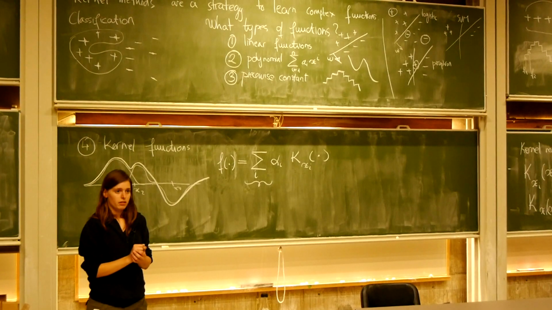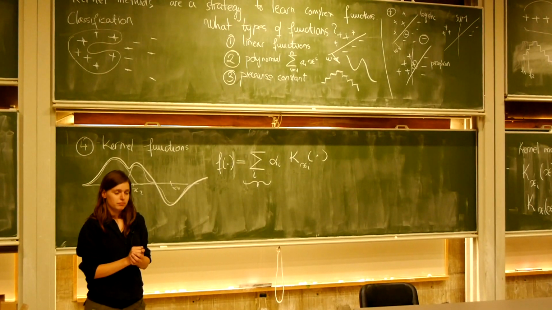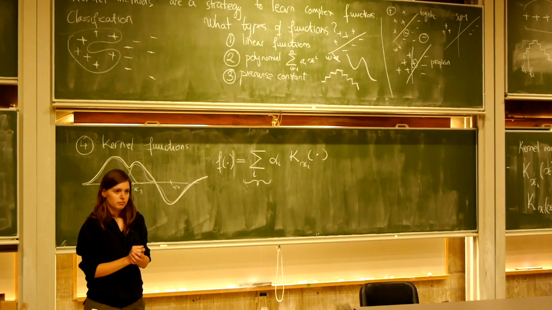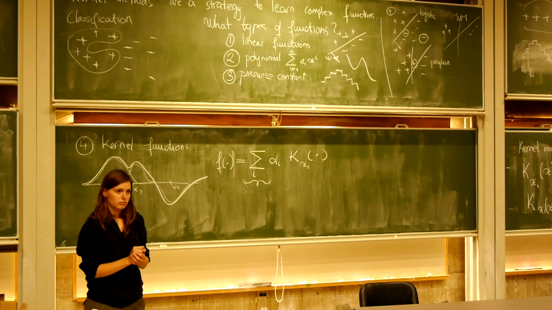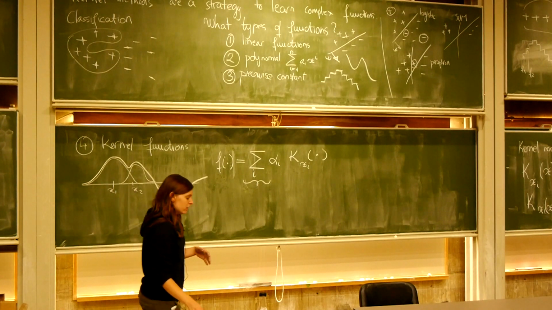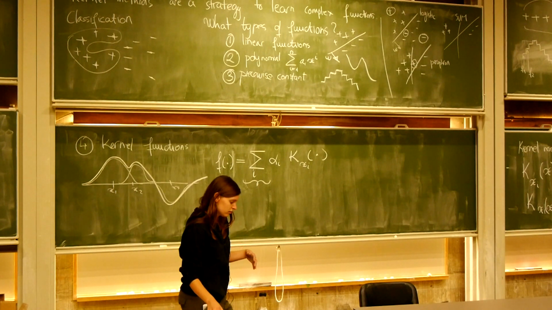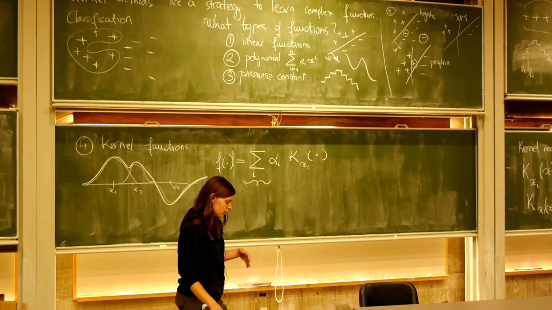Go for it. One question. In case we use a polynomial function as our kernel, we're still getting a polynomial decision boundary, right? Because if we sum two polynomials. It can. So that's definitely a good intuition in 1D.